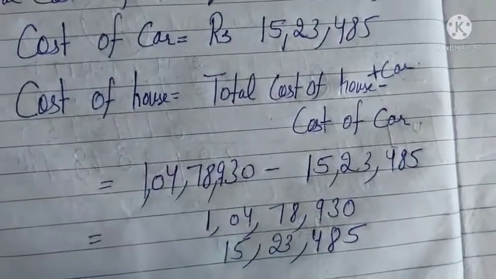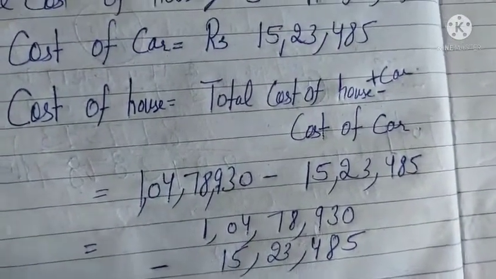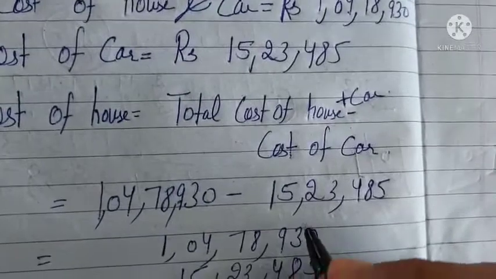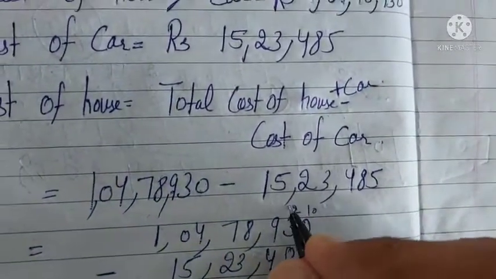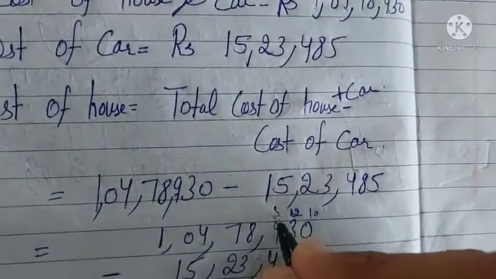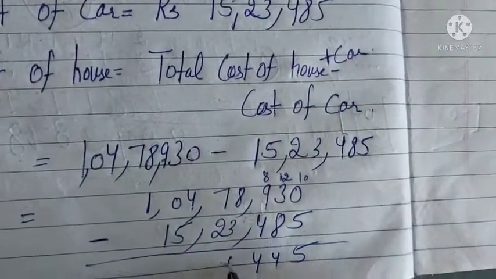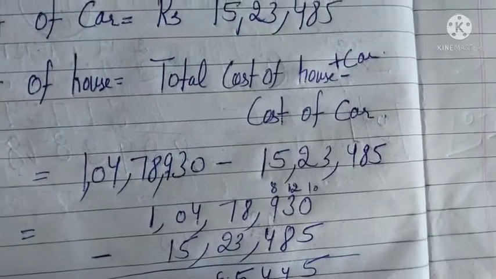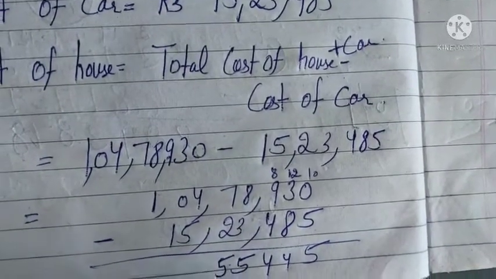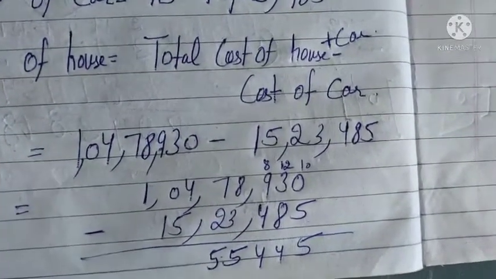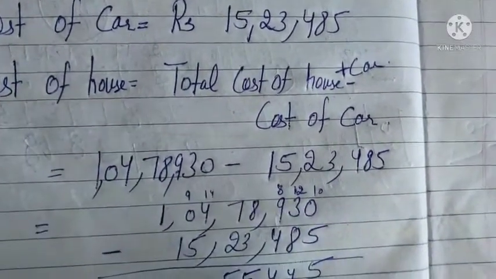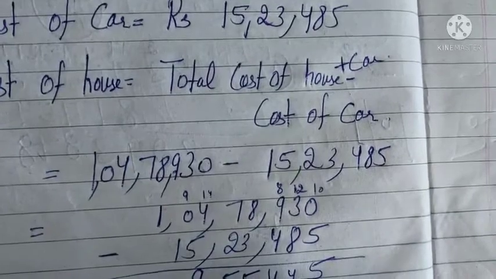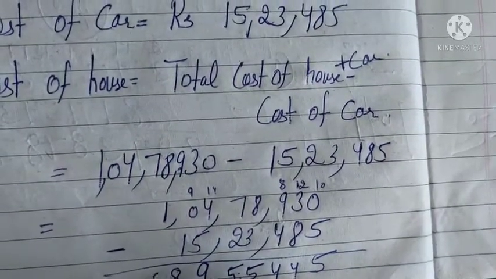So you have to subtract it. So it would be 2, it would be 10, 5 would be there, it would be 12, 4 would be there, 8 would be there, 4, 5, and 5, and it would be 9, 40, 9 would be there, and 8 would be there, and 0 would be there.